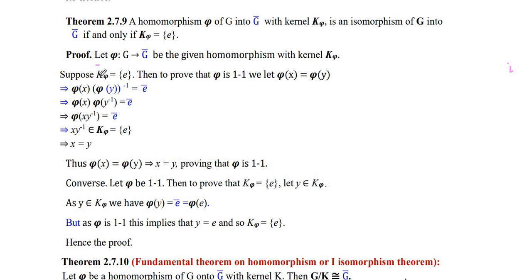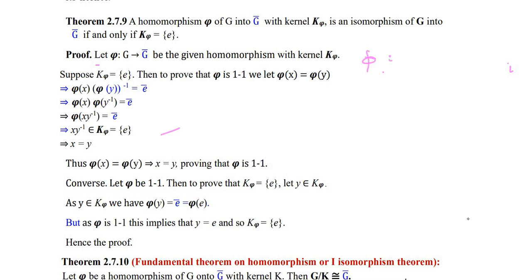Now for the first part, we'll assume that kernel phi is singleton E, and we'll prove that phi is 1 to 1. So for that we'll have to consider the images to be equal. So let phi of x be equal to phi of y for x, y in G, because phi is a mapping from G to G bar.